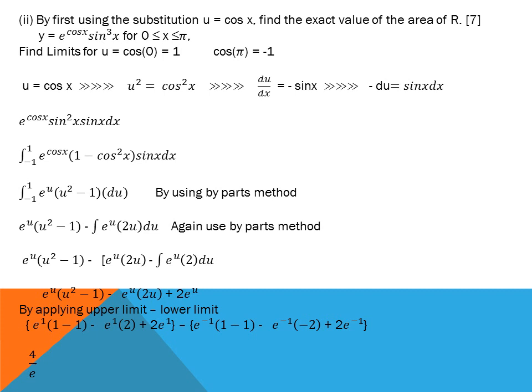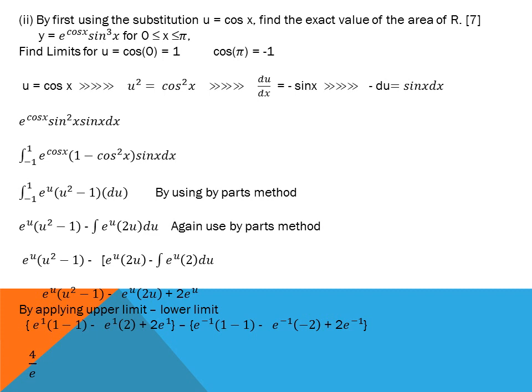Again use integration by parts on e^u · 2u here. Write u² - 1 as it is, negative sign, bracket e^u, the integration of e^u, and write the 2u as it is. Then take the negative sign, integration symbol, and write the integrated function e^u as it is, and take the derivative of 2u, which is 2.